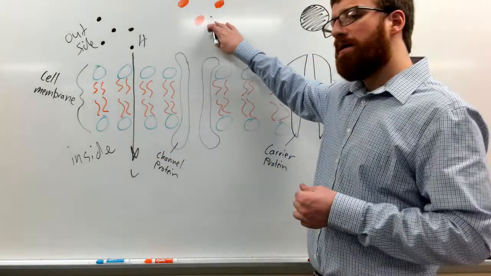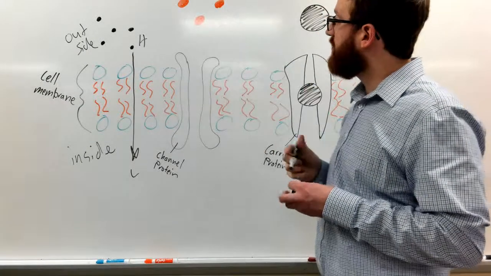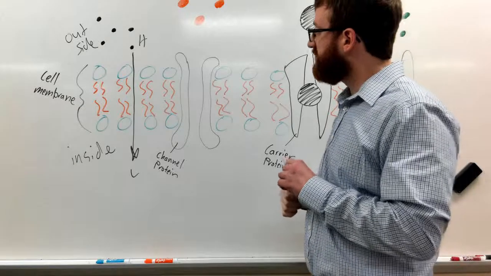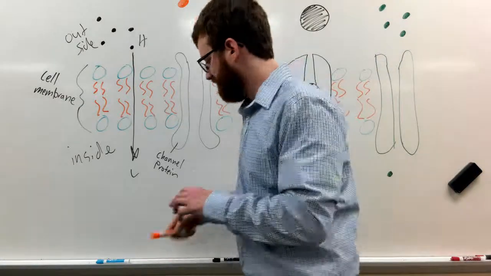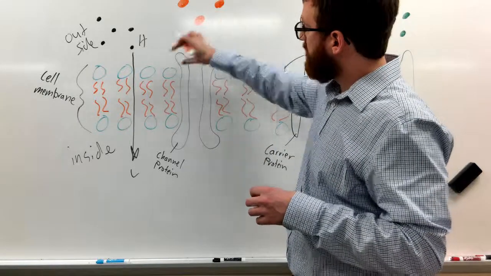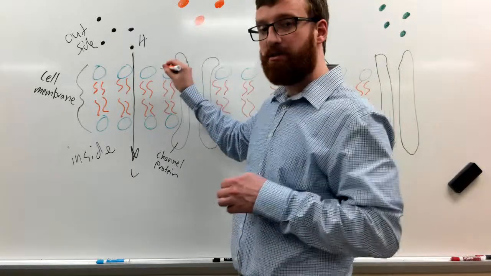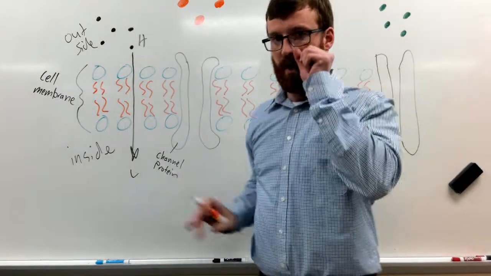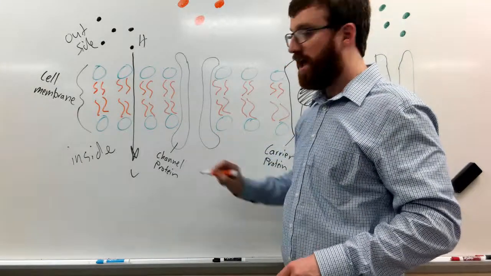Now, you might have bigger molecules like lipids or proteins or carbohydrates. Those might be things that your cell needs. If one of these molecules tries to go through here, it's too big. It can't fit in between those phospholipids. If it collided with the cell membrane, it would just bounce right off. So cell membranes have channel proteins.